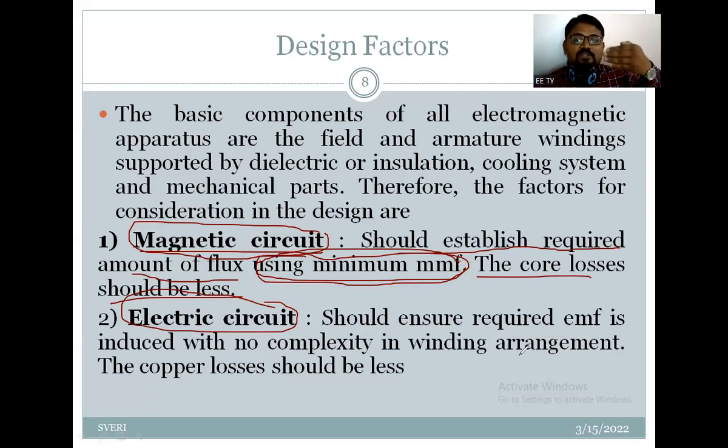Just as in the magnetic circuit the required amount of flux had to be induced, in the electric circuit the point required is EMF, electromotive force.